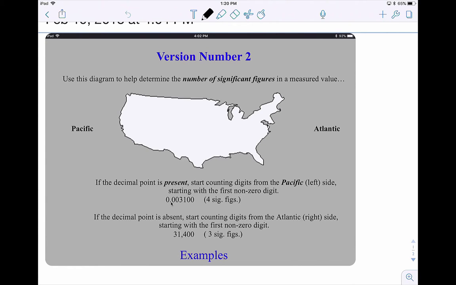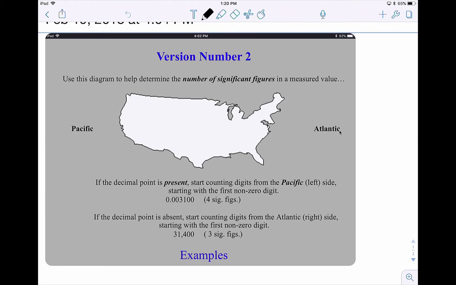So in this example, the decimal is present, and every number beginning with the first non-zero digit on to the very end of the number is significant. So in this case, you have 0, 0, that doesn't matter, but you have 3, 1, and so any number including this 3, but after this 3, is significant. So you have 4 significant figures.